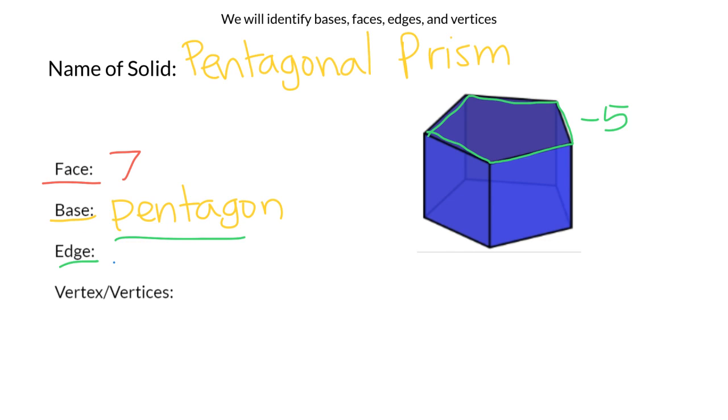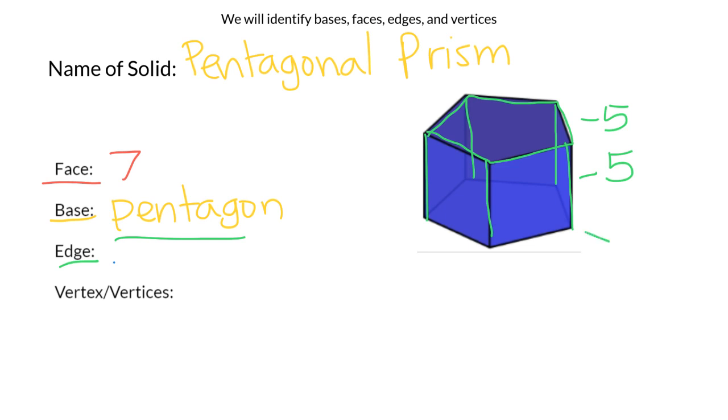Okay, I know that I have 1, 2, this one's a little tricky to see back here, 3, 4, 5, kind of in our middle there, or where the rectangular faces that come off each side of that pentagon are meeting.